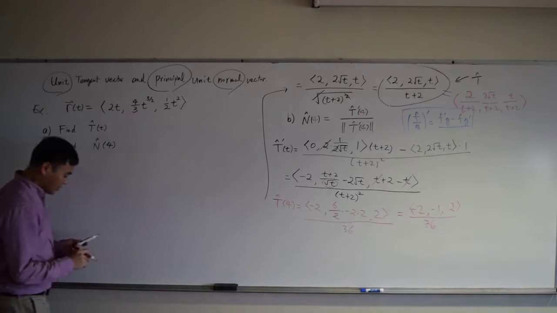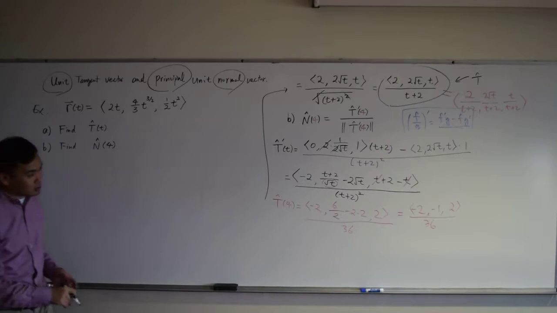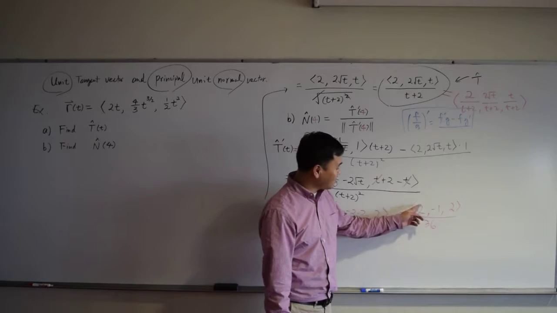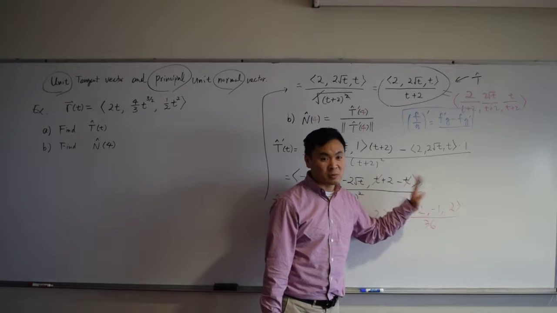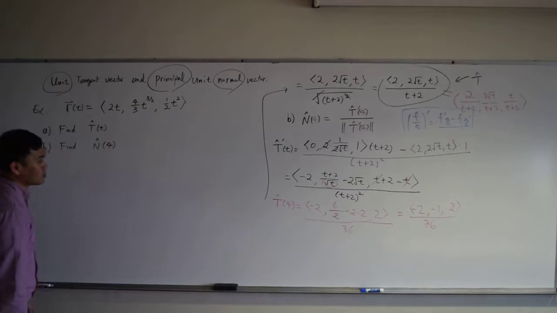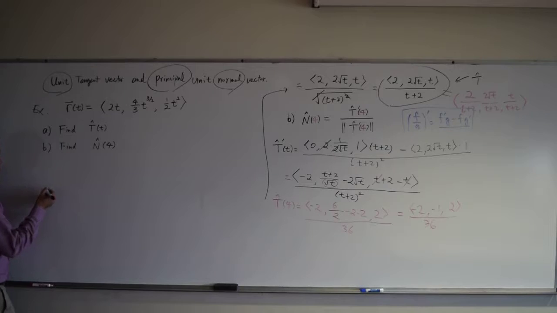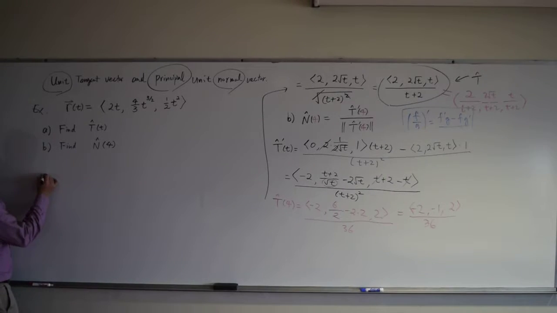Now, you could write this as negative 2 over 36, negative 1 over 36, 2 over 36, and then take the norm and divide. But let me show you another shortcut. If you have a vector and another vector which is like it over 36, if you normalize this and normalize this, would they be different? I claim that they should be the same.